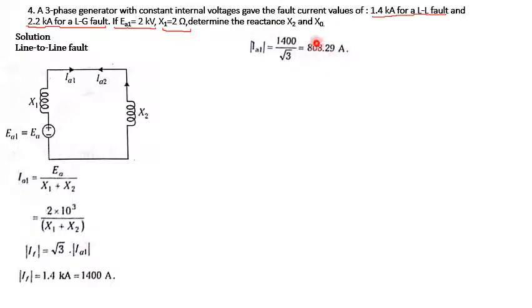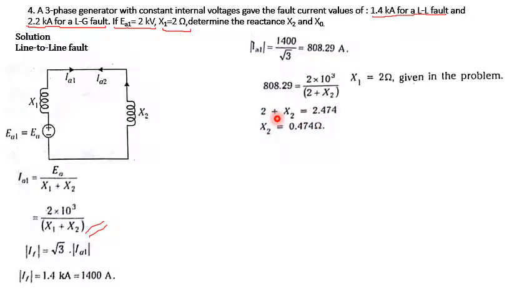Substitute this 808.29 amperes in this equation and find out the value of X2, because X1 is already given as 2 ohm in the numerical. So from this we can calculate the X2 value.